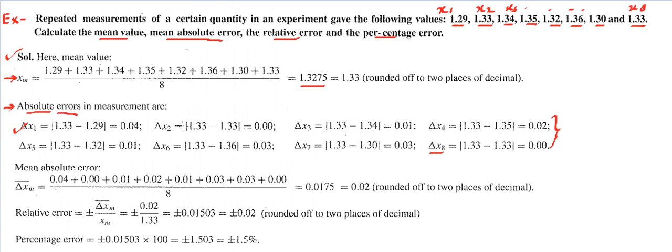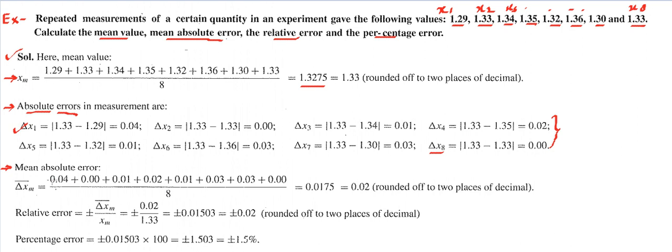So we find these absolute errors. Once we have found these, we can write the mean absolute error. The mean absolute error delta xm, sometimes we also put a bar for mean, or we can write delta xm. This is going to be delta x1 plus delta x2 plus delta x3 up to delta x8 divided by 8.